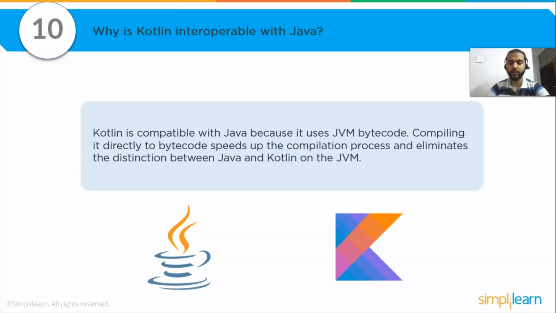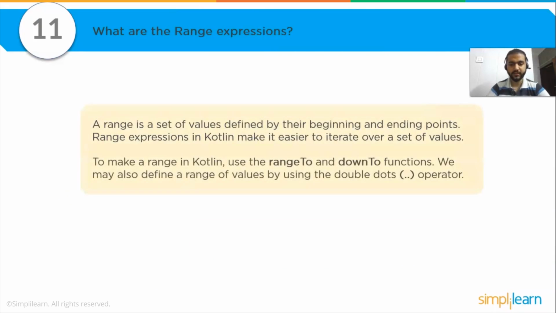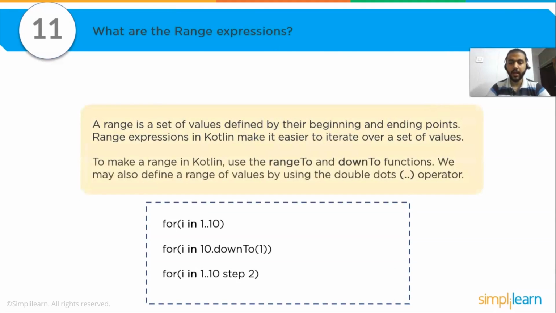Now coming on to the 11th question, which is, what are the range expressions? A range is a set of values defined by their beginning and ending points. Range expression in Kotlin make it easier to iterate over a set of values. To make a range in Kotlin, use the range to and down to functions.